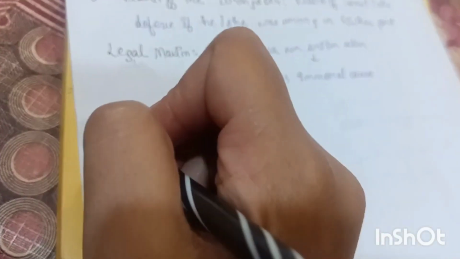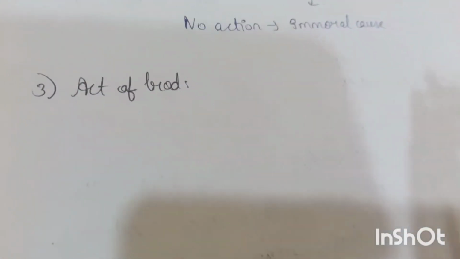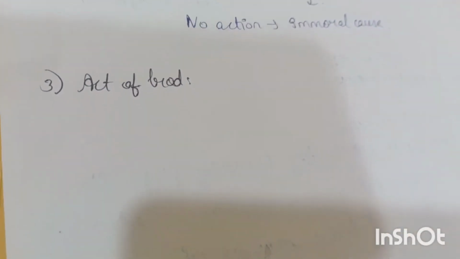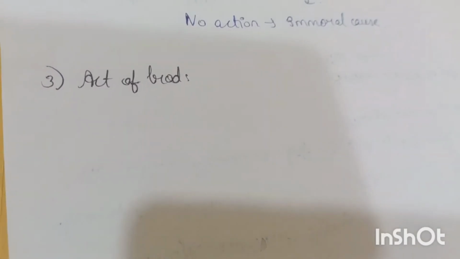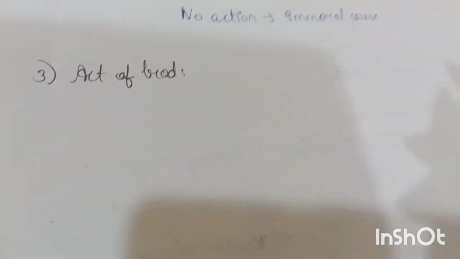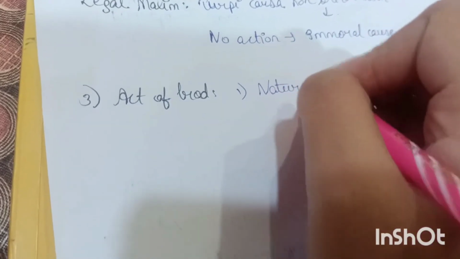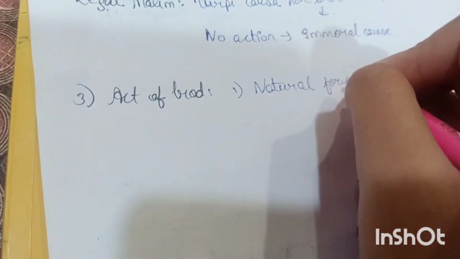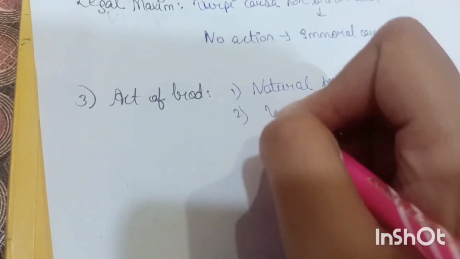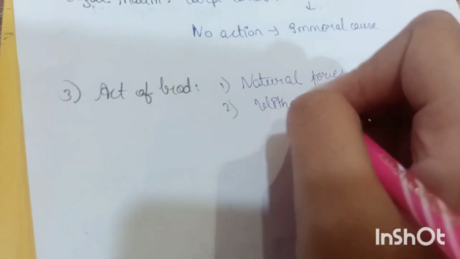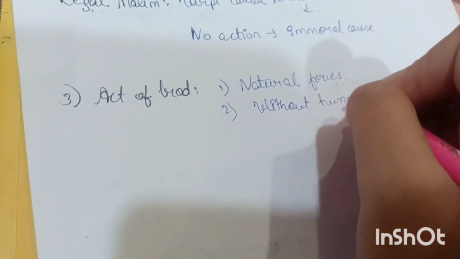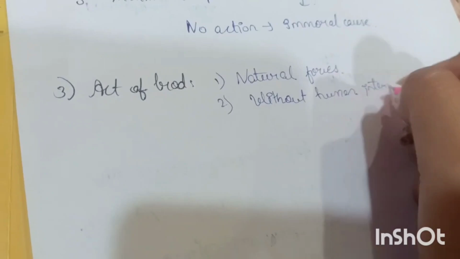So the next one is act of God. So in act of God, you can take the example of floods or an earthquake, or you can take drought, etc. So over here you can take as natural forces, and second is without human intervention.